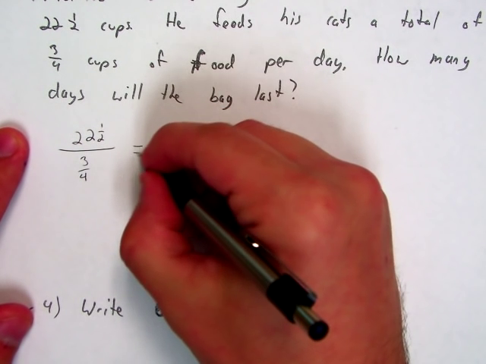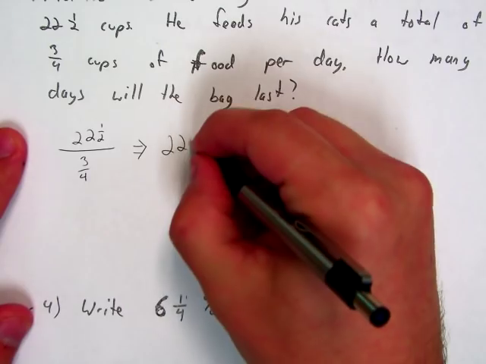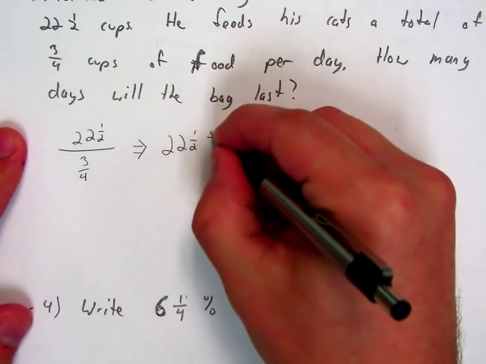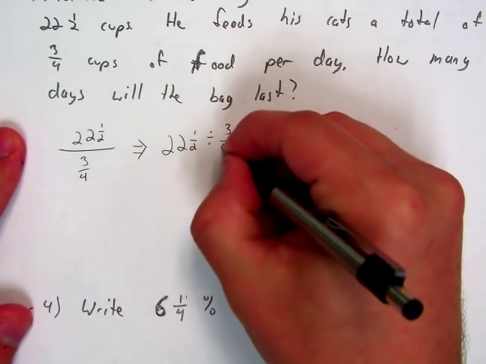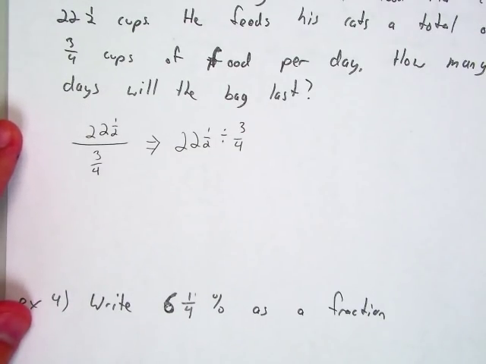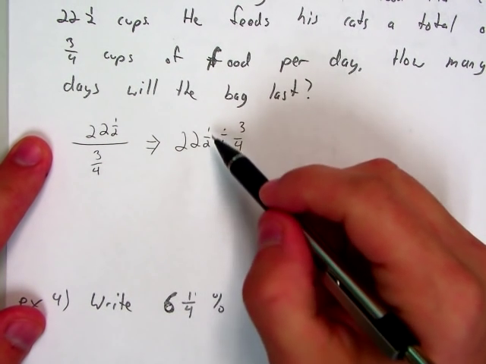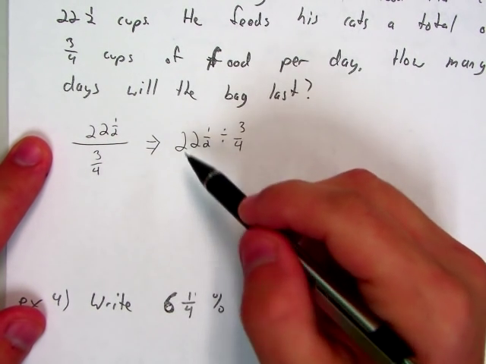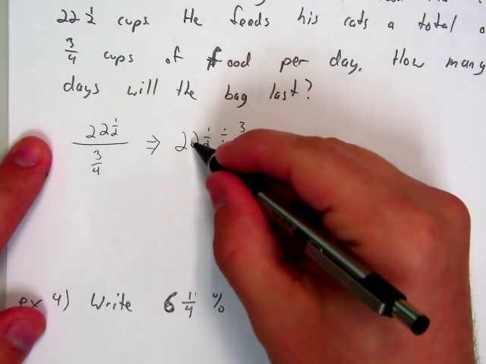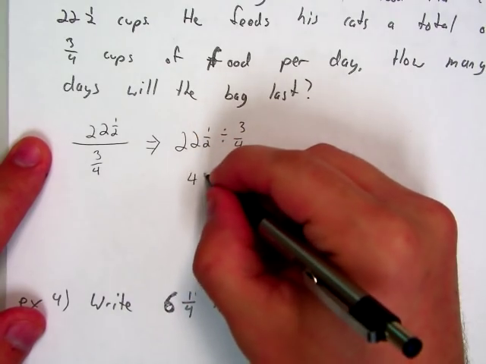Again, I can change this problem from a fraction to a division problem with fractions. Next thing I want to do is I want to convert this mixed number to an improper fraction. So 2 times 22 is 44, plus 1 is going to be 45.